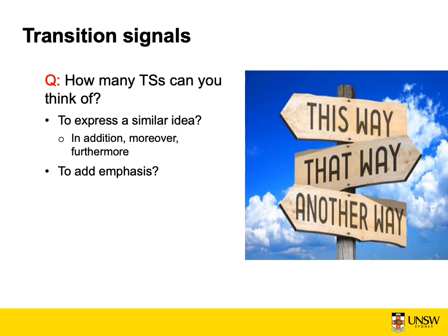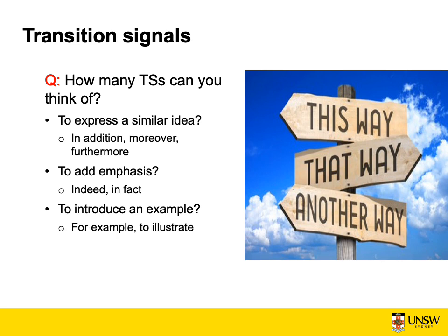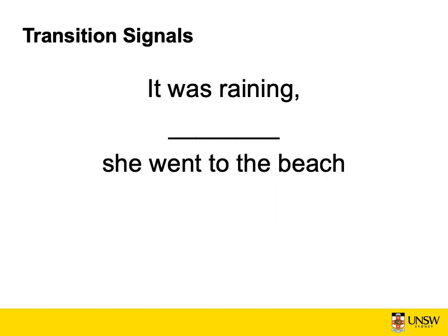You might want to add emphasis, and so that might be indeed, in fact, to introduce an example, for example, and to illustrate, or to narrow an argument, specifically, in more detail. So hopefully that gives you an idea of just the breadth of transition signals and how common they are.